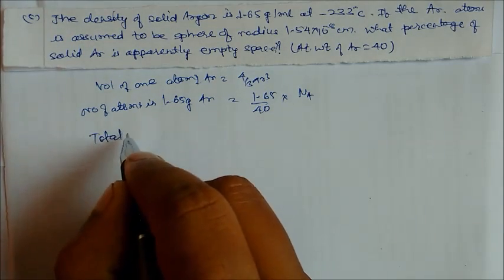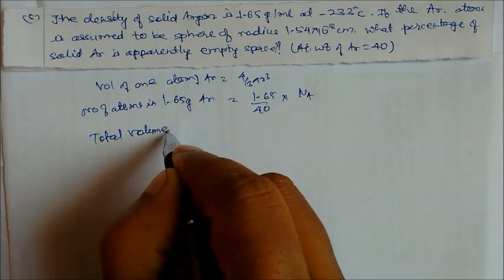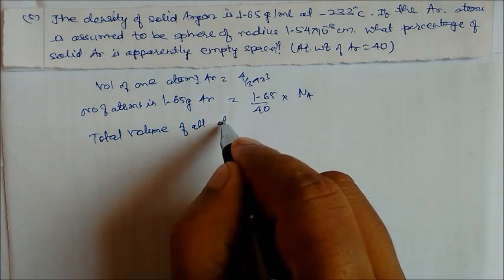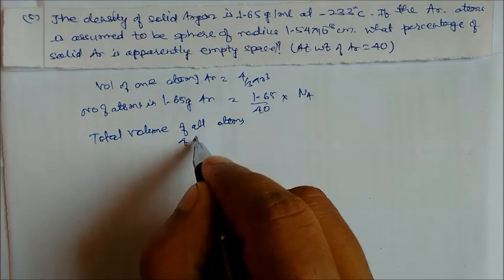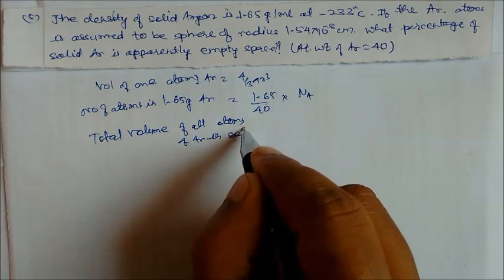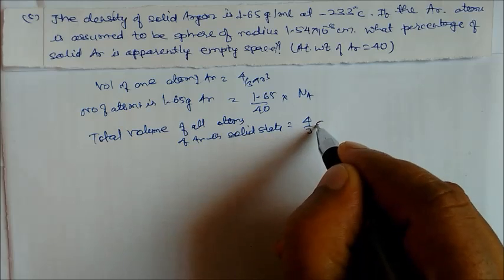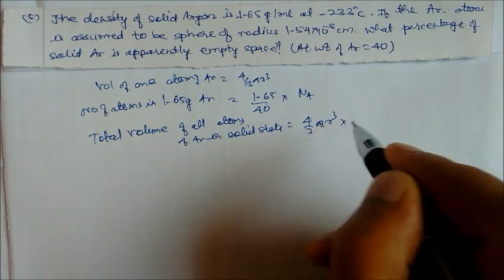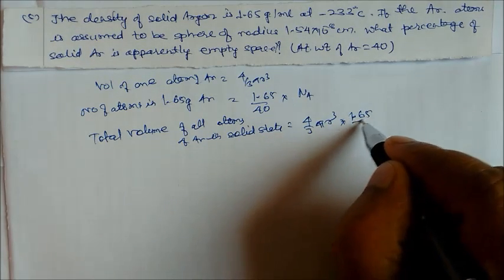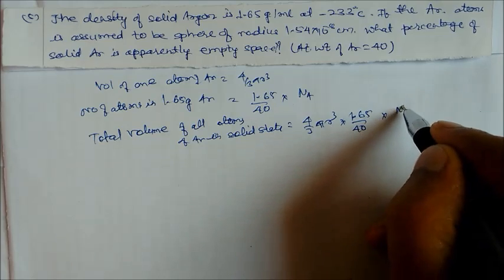So the total volume of all atoms of argon in solid state will be 4 by 3 pi r cube multiplied by 1.65 divided by 40 into Avogadro number.